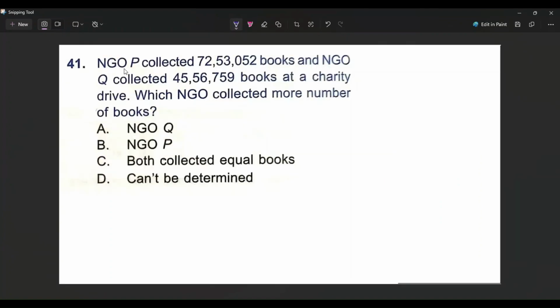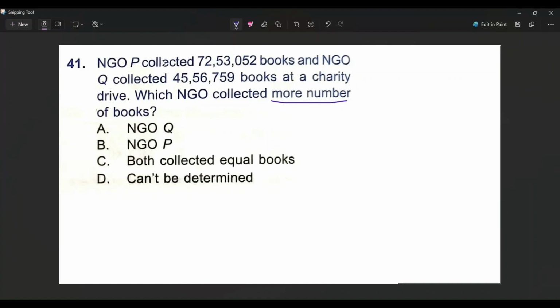Question number 41. NGO P collected 72 lakhs 53,052 books and NGO Q collected 45 lakhs 56,759 books at a charity drive. Which NGO collected more number of books? If you see in question, more number means you have to get the difference between the numbers.